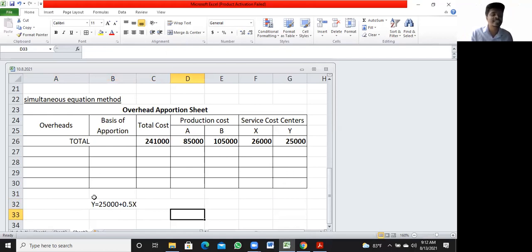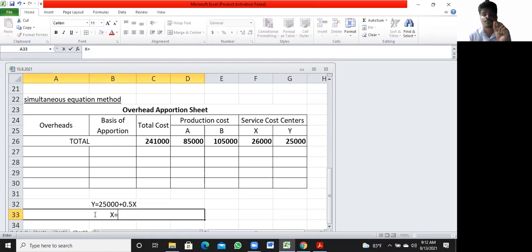Okay, as like that we can develop an equation for X. How to do that? Let the total cost belonging to service cost center X be X. X equals directly we identified 26,000.